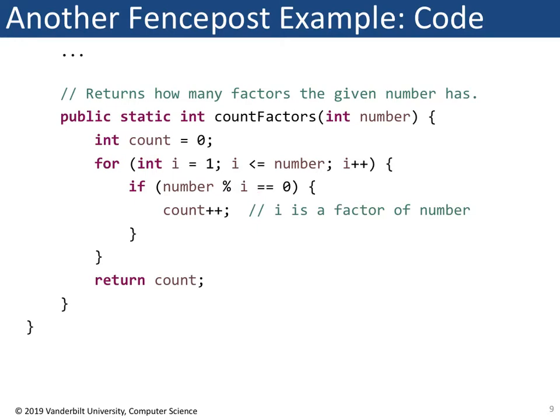And if number mod i is equal to 0, then i is a factor of number. So in this case, if i is a factor of number, we are going to increment the count because we have found a factor of the number. When this loop completes, we know that we have found every possible factor for number, and i has taken on every value from 1 to number. And we return count.